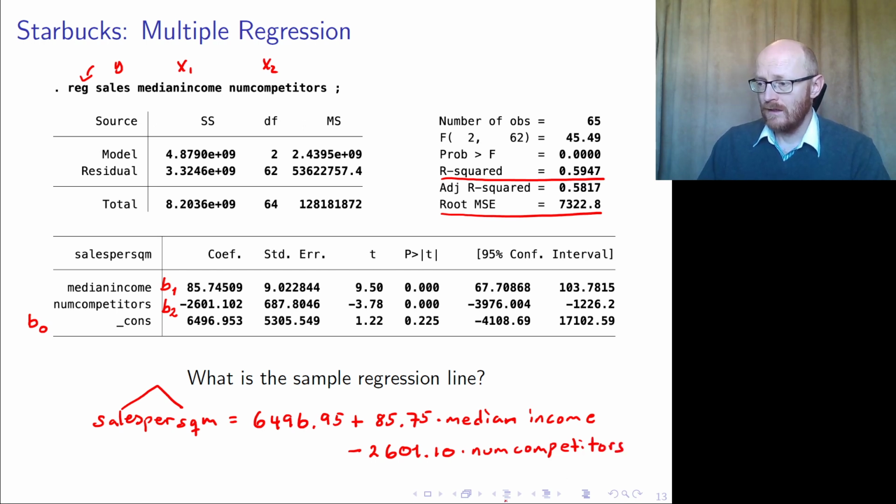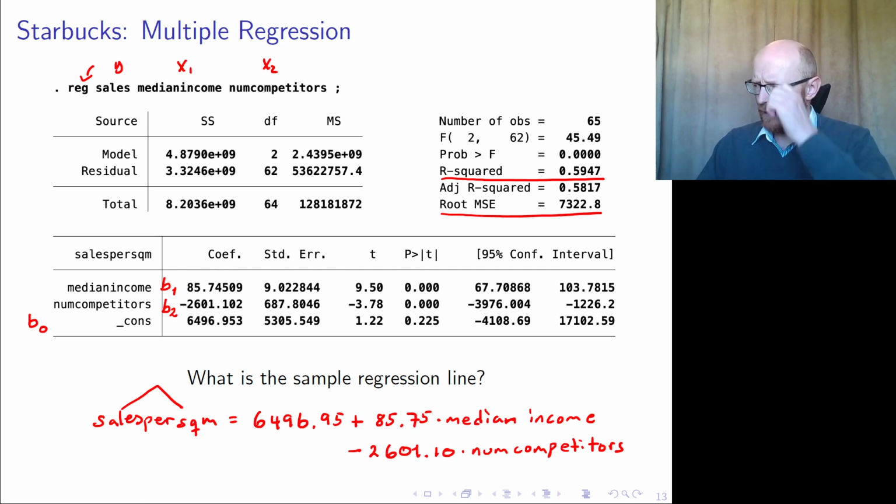Okay, so what does this mean? It means that if the median income increases by 1,000 in that area, then you would sell 85.75 kroners more per square meter per year.